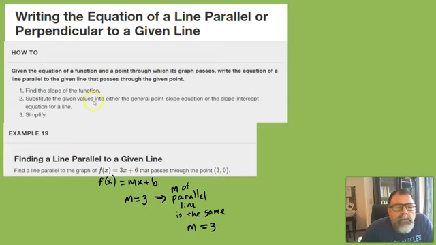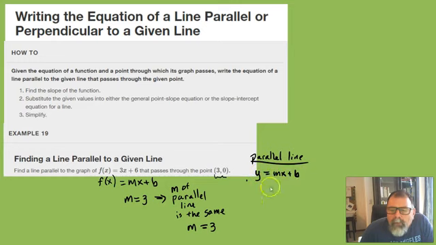Now substitute the given values in the general point-slope form or the slope-intercept form of the line and then simplify. So for my parallel line, we have y equals mx plus b. We know that m is going to be 3, the same. Now we plug in the x and y.